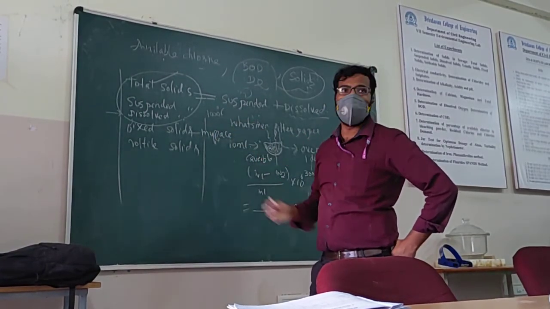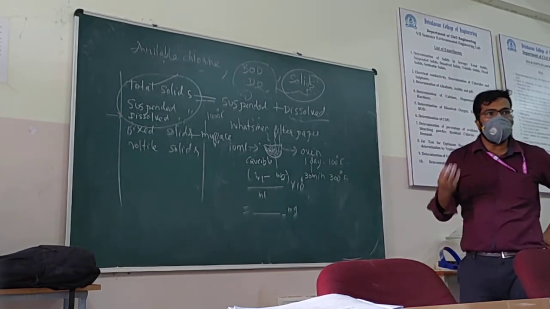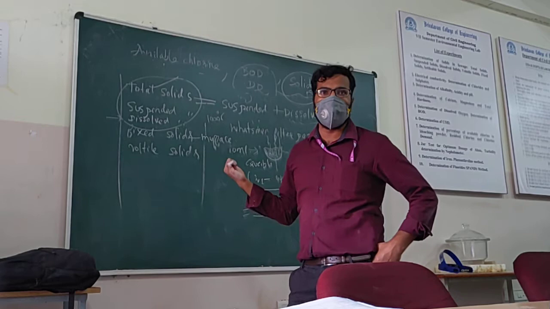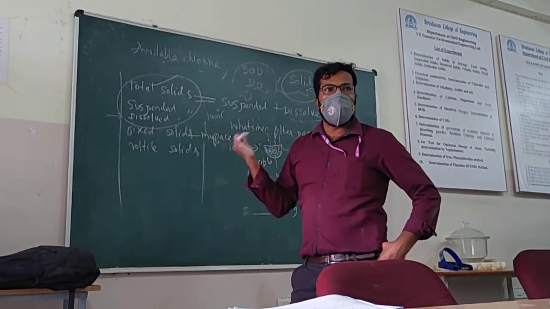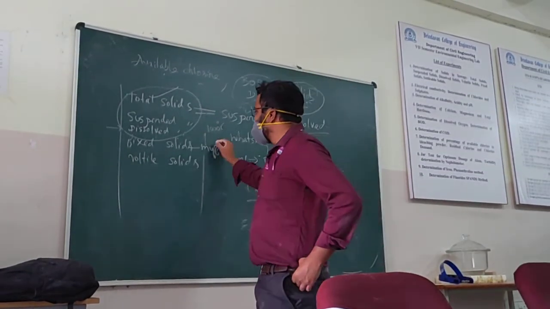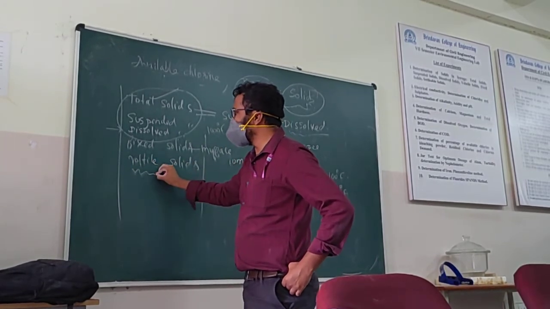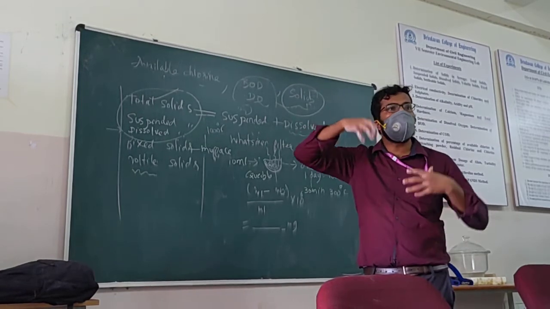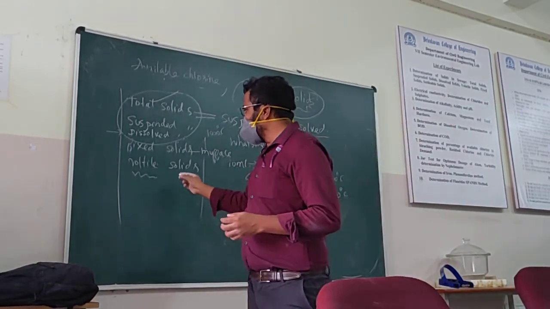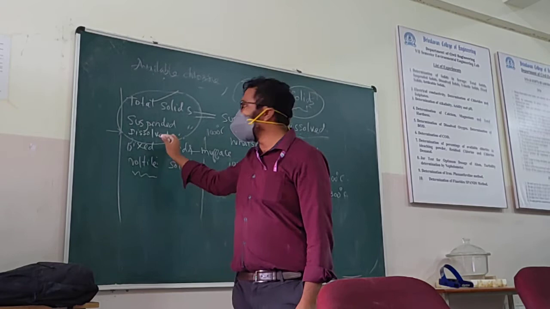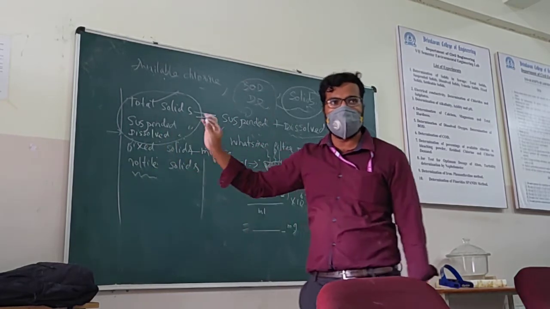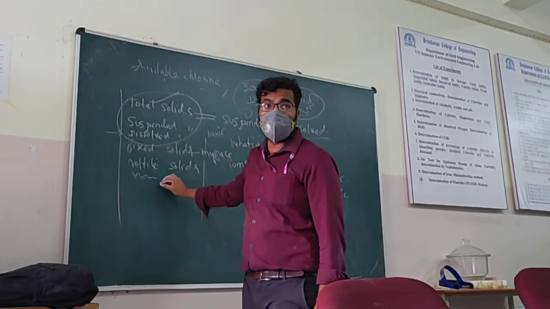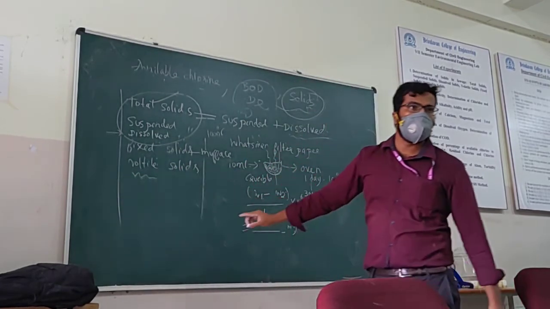With more temperature, whatever thing remains, we can find out as fixed solids. It completely evaporates. Some of the solids are also volatile in nature, so with burning they will just evaporate. Those solids also we can find out using the formula. Total solids, fixed solids and volatile solids: if you find the difference, you can calculate volatile solids also.